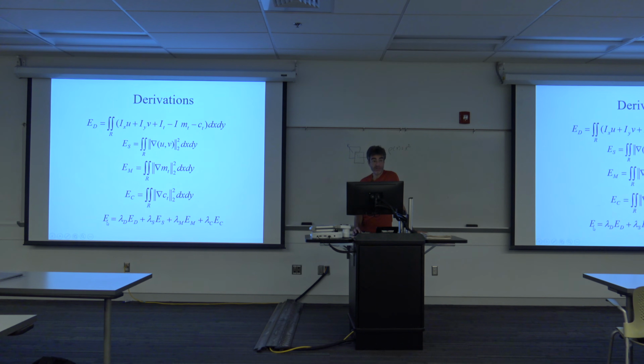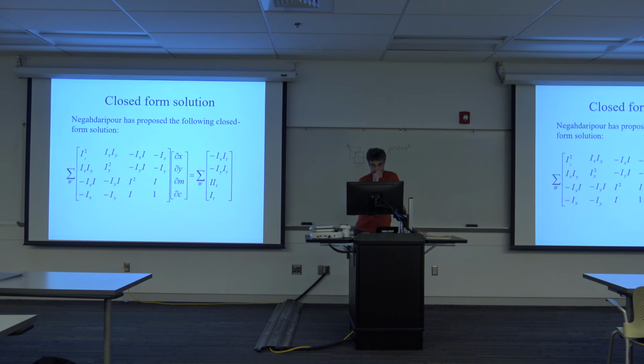So now I end up with this new error function here, E, which has ED, the original data constraint, ES, the original smoothness constraint, and this EM and EC that define these other additional constraints. And I add lambdas to specify which of these constraints I want to emphasize. All right. There's also a way to solve this in closed form, and I have added this here. I'm not going to go over this, but there's a way to do this in closed form.